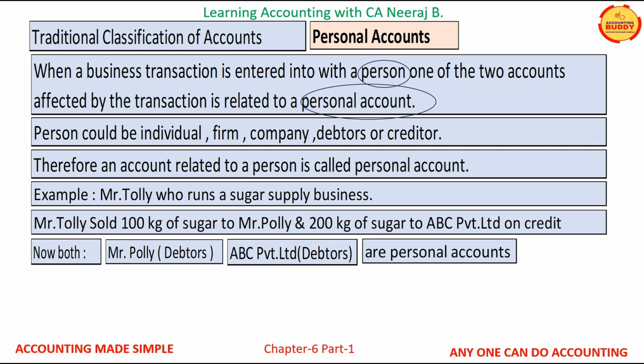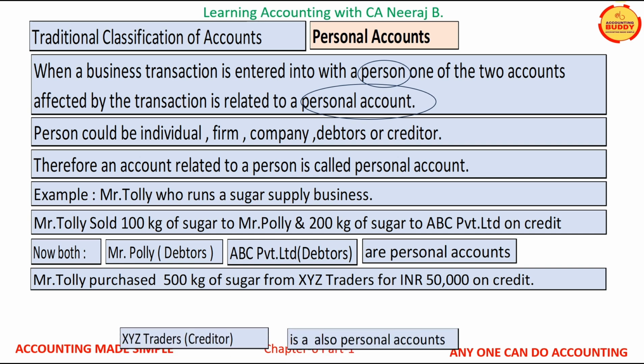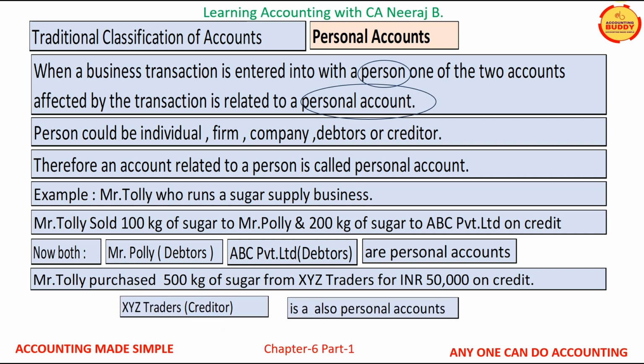Let us take another example. Mr. Tolly purchased 500 kg of sugar from XYZ Traders for INR 50,000 on credit. This credit purchase shall be recorded in the personal account of XYZ Traders. XYZ Traders' personal account is a creditor account for the business.